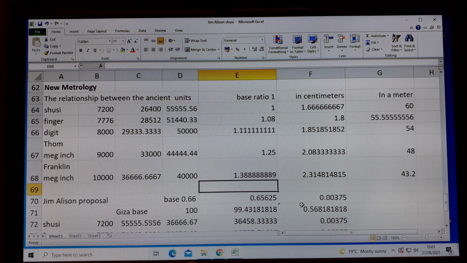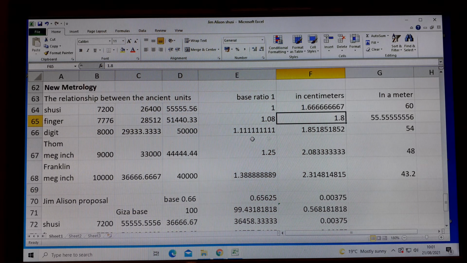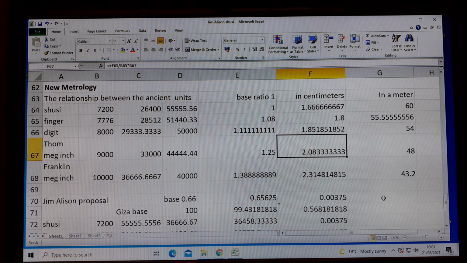So the next column, I've looked at centimetres, because I know that in the finger there are 1.8 centimetres, and this means that in the Shusi there are 1.666 centimetres. In the digit there are 1.85185 recurring. This is the interesting number.